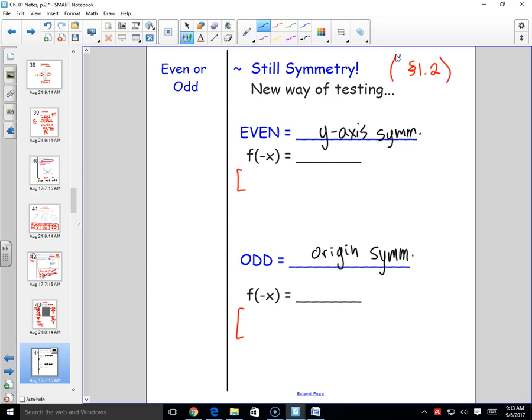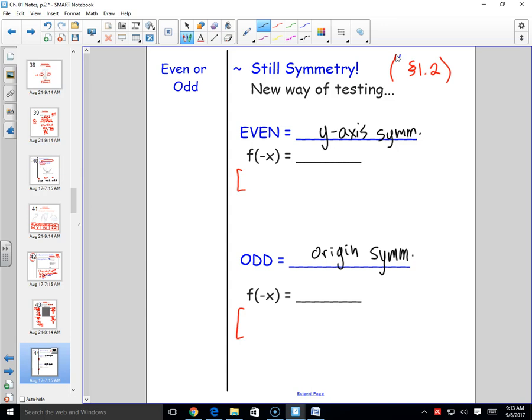No. It fails, it hits twice. It's not a function. So no functions will ever have x-axis symmetry, which is why there's only two of them up on the board. Functions can only be even, y-axis symmetry, or odd, origin symmetry, or neither. But there's no third. There's no x-axis symmetry. Okay.